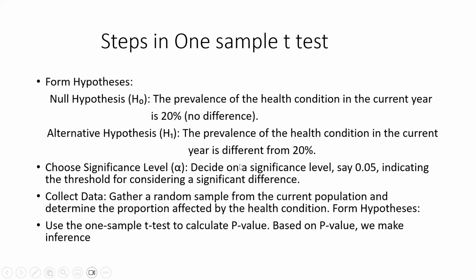Then you have to decide a type 1 error significance level. If you are keeping 0.05 as the significance level, then your confidence level will be 95%. Then collect the data about the prevalence of diabetes mellitus for 2024, and then use a t-test to calculate a p-value. Once you calculate the p-value, you can collect the evidence to reject or accept the null hypothesis, based on the p-value.